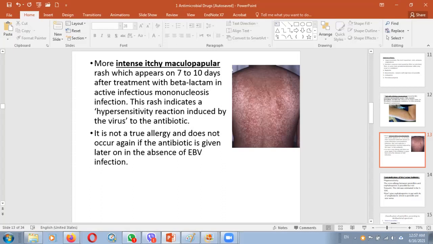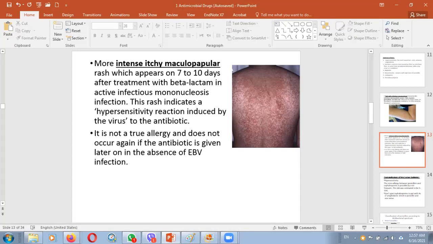It is not a true allergy and does not occur again if the antibiotic is given later on in the absence of EBV infection. So this is a problem, where the patient always says I have allergy to amoxicillin or ampicillin. What happened is that it occurred once because he had infectious mononucleosis.